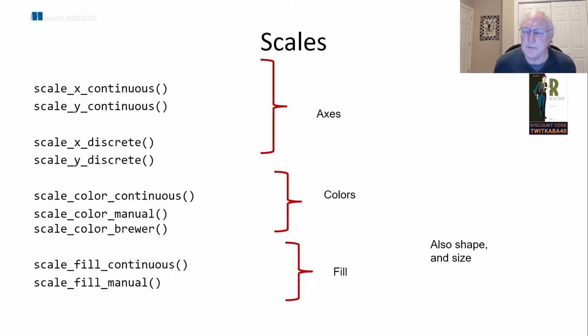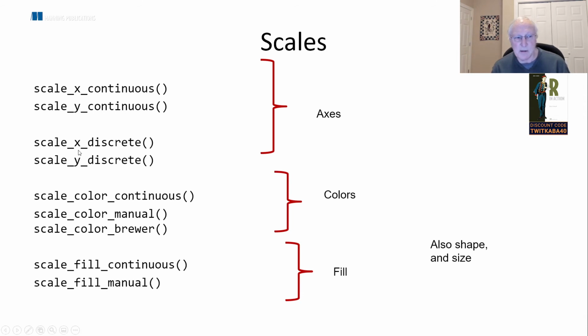We haven't talked yet about scales. Scales are how the mapping occurs in the aesthetics. And if we want to change the X and Y axis, we can use scale_x_continuous or scale_y_continuous, if it's a continuous axis like years of experience or salary.